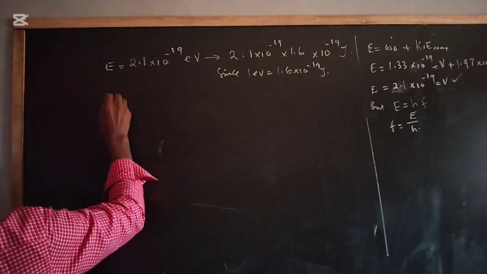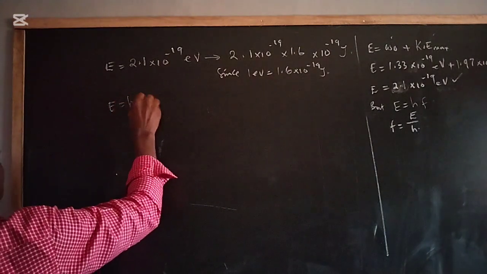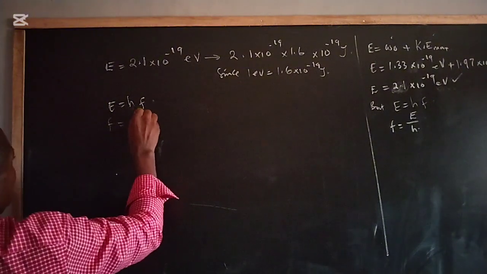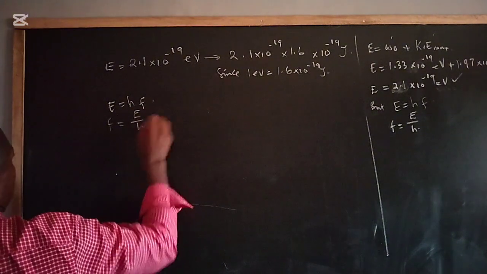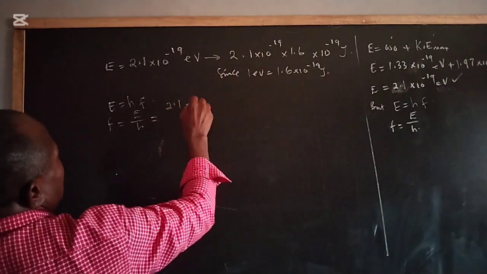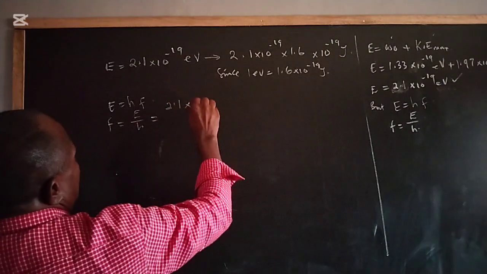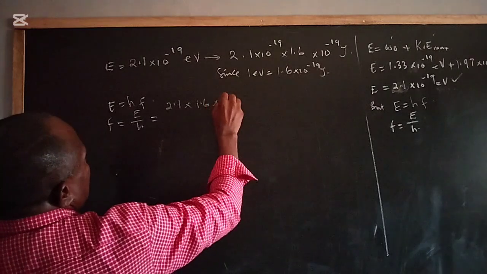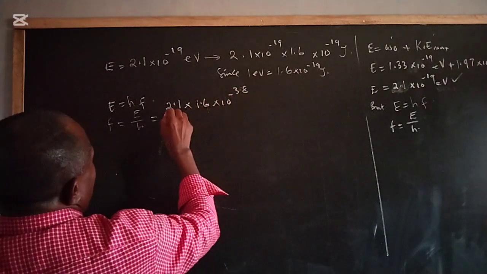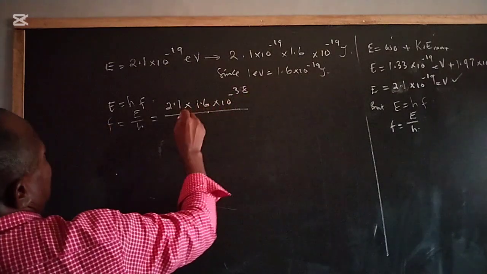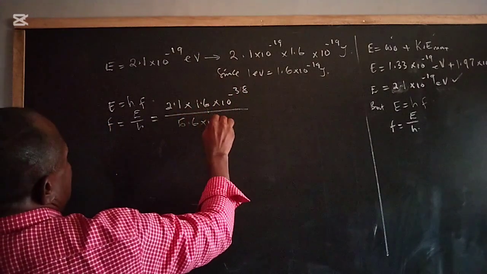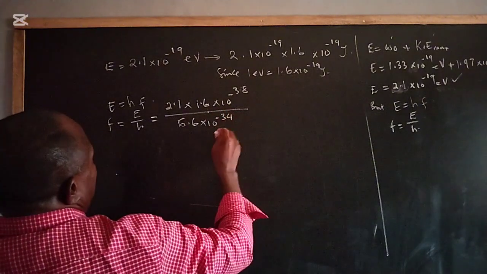So we know that E is equal to hf, so hf, therefore, is equal to E over h. The result is 2.1 times 10 raised to the power minus 19 times 1.6 times 10 raised to the power minus 19, all divided by Planck's constant, 6.6 times 10 raised to the power minus 34.